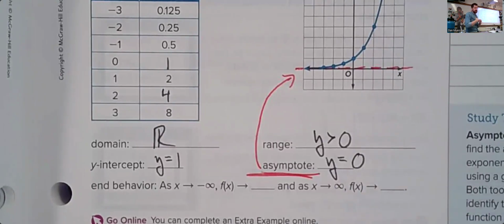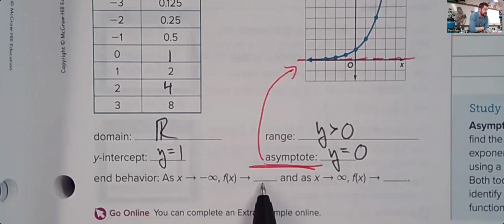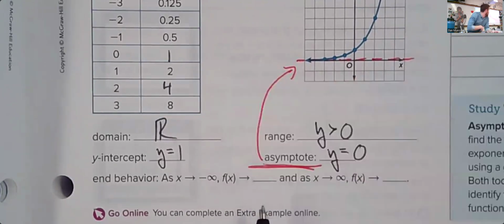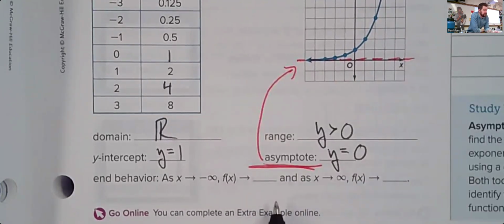All right, end behavior. As x goes to negative infinity, where does y go? So as x goes this way, y goes to where? Y is getting closer and closer to 0.